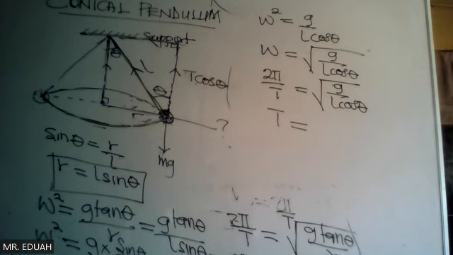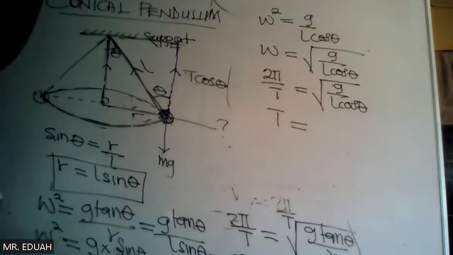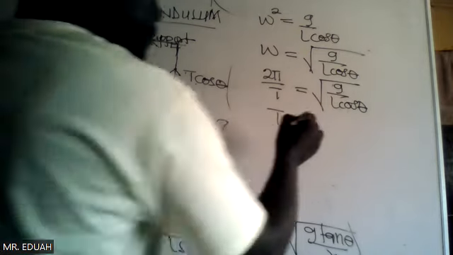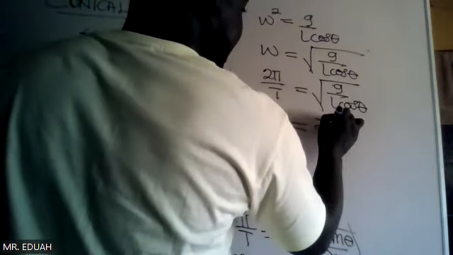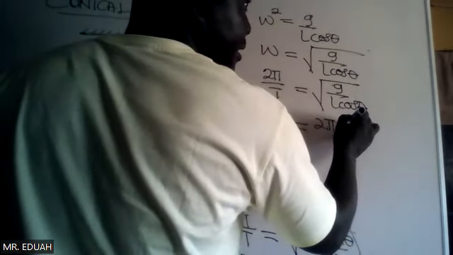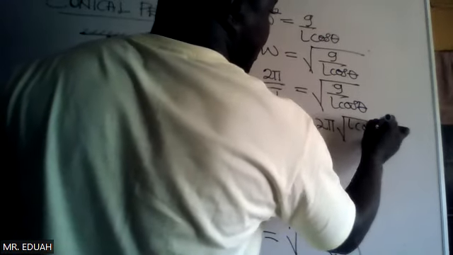Mr. Joa, hello. Are you through? Yes, please. What did you get? T is equal to 2 pi square root of L cos theta on g. 2 pi times the square root of L cos theta on g.